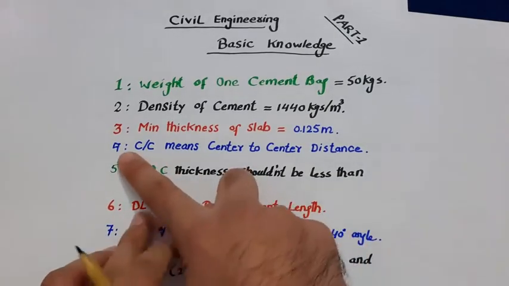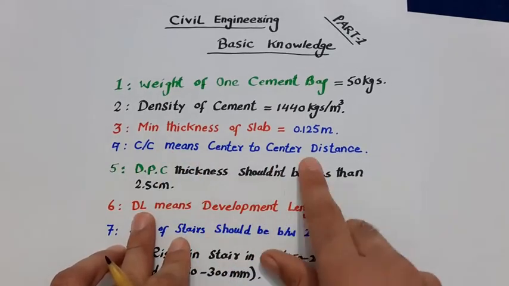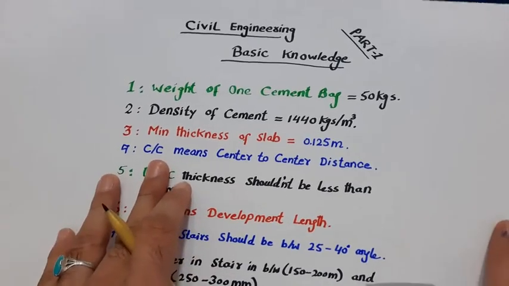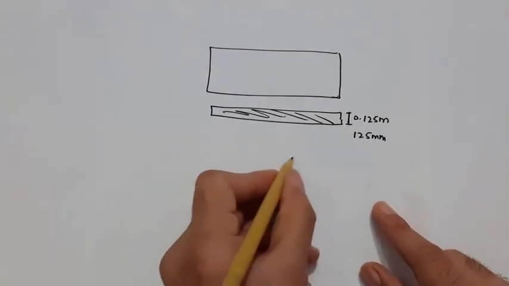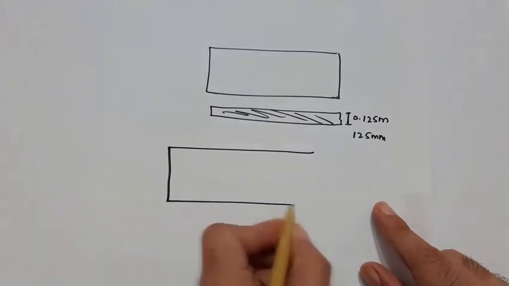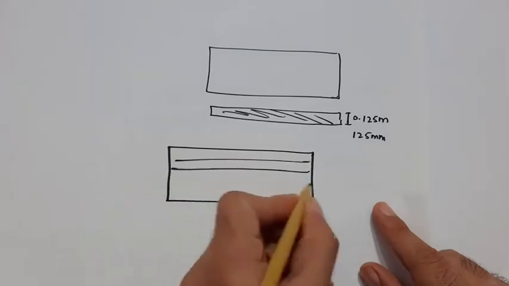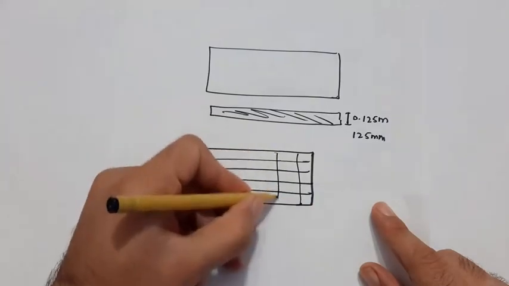Next, guys, the fourth one is C/C, which means center to center distance. C/C we especially use in the design of slabs and RCC members. Like, you can see this is a slab, so we are providing main bars and distribution bars. These are distribution bars and these are main bars.